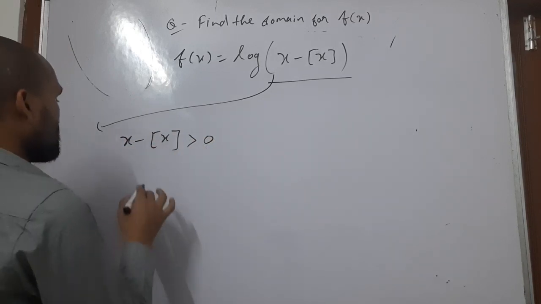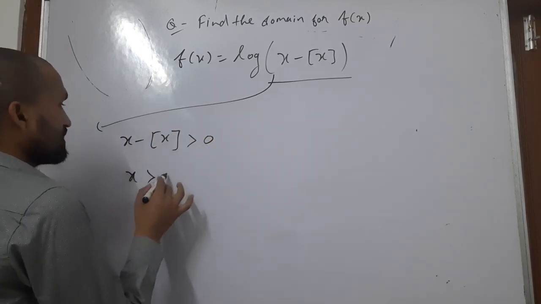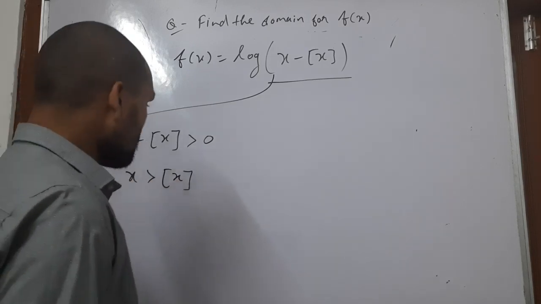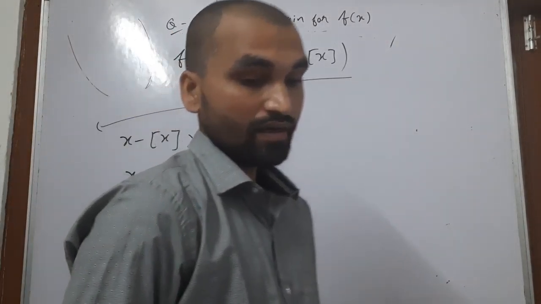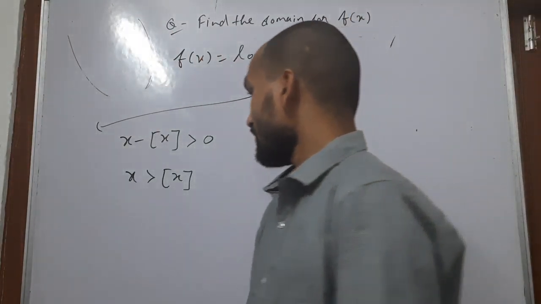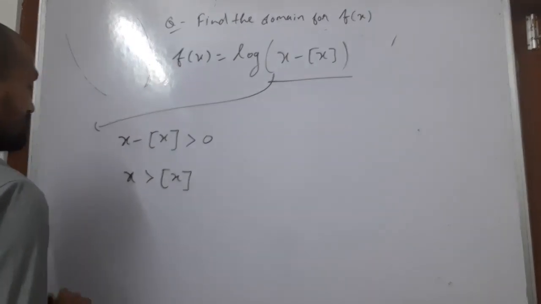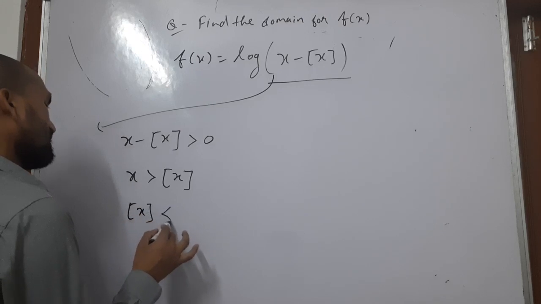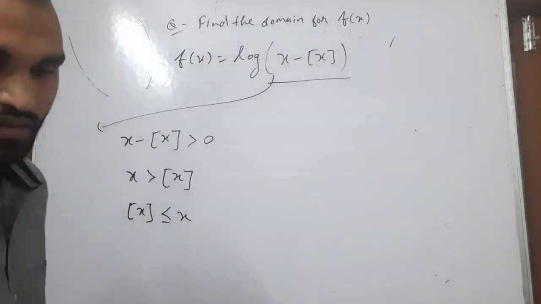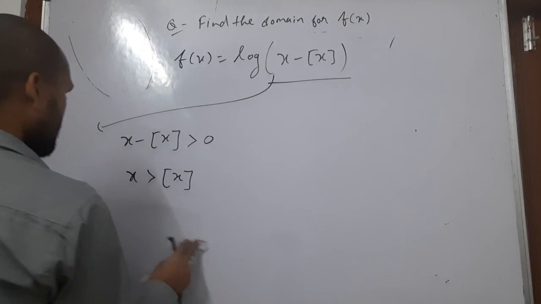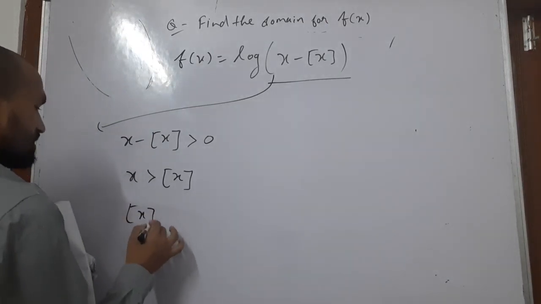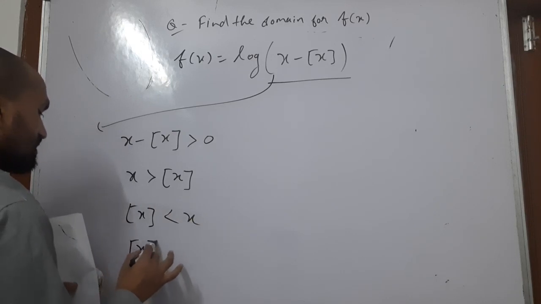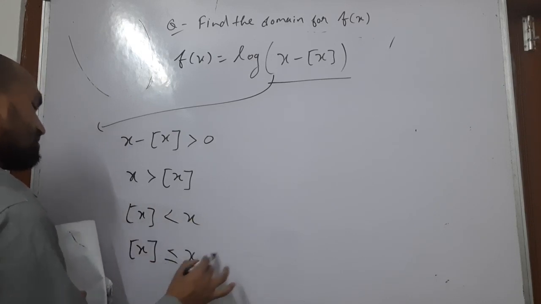If we rearrange this, we get that x is greater than the greatest integer x, but in the actual definition we know that the greatest integer x is always less than or equal to x. We can write it as greatest integer x less than x.